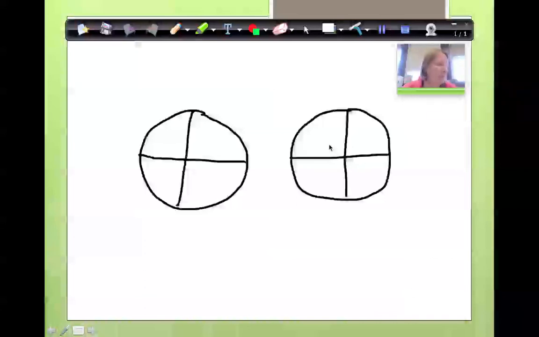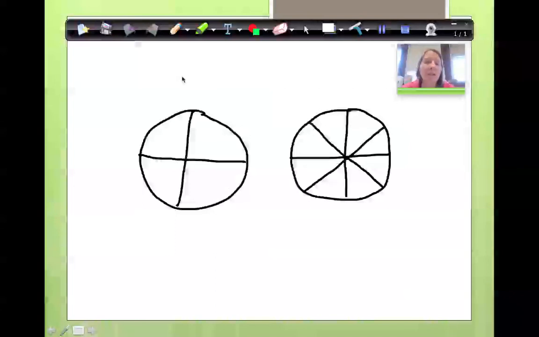Okay. Now the second one, I want twice as many pieces. I want double the amount of pieces. So what should I do? Well, let's cut this in half. Cut each piece in half. If I cut these pieces in half and these pieces in half, how many pieces do I have? 1, 2, 3, 4, 5, 6, 7, 8.